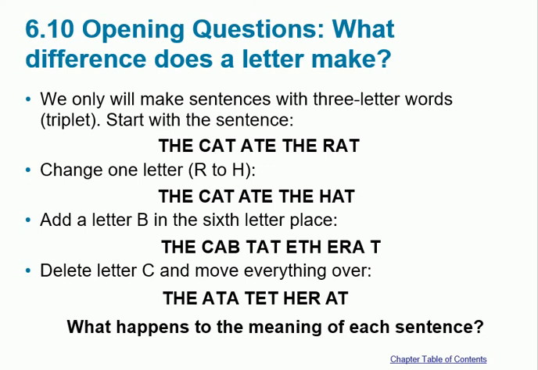Look at this after adding. The cat, that doesn't have a meaning, right? You just added one letter. Did you get the idea? Compare this to this. All you did is CAT, right? Just put B here. It will become cab, and then the T will shift to the next one. It will become tat, and the E will shift to the next one, and so on, right? Did you notice that the whole thing now is different?